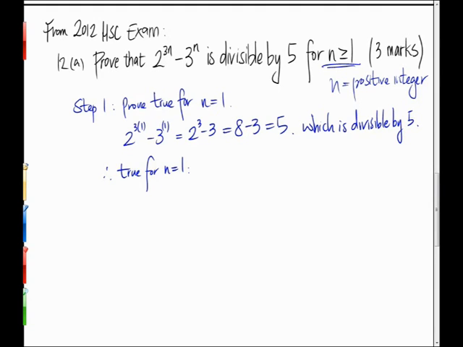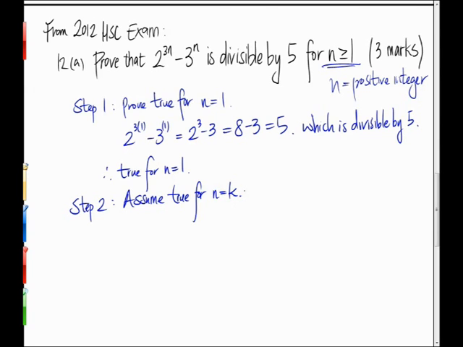The next step, step 2, is just a statement. There's no proving involved. So step 2, you write: assume true for n equals k. Since we've proven true for n equals 1, let's assume true for n equals k.